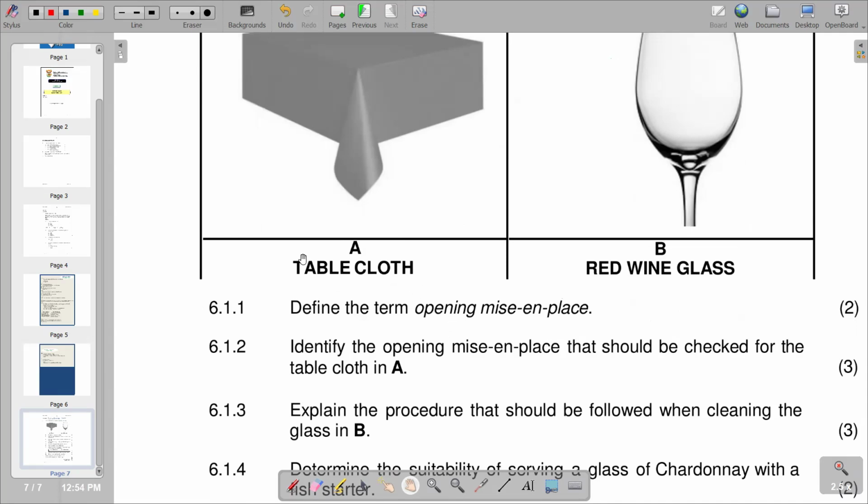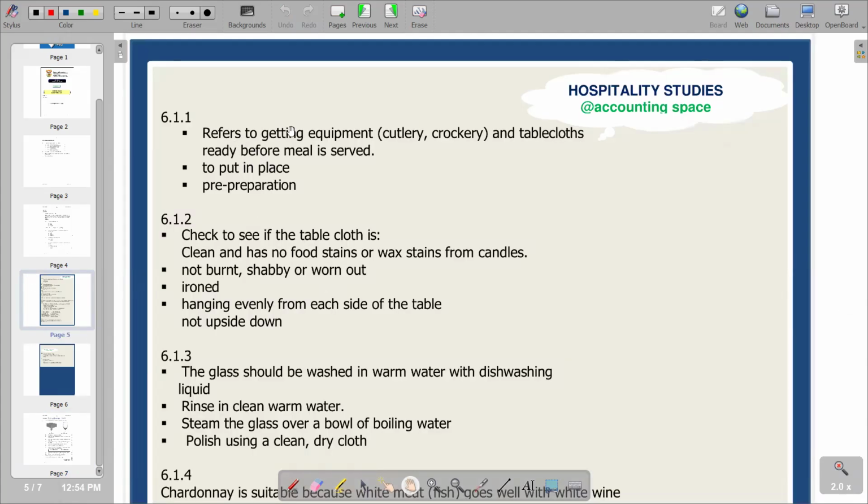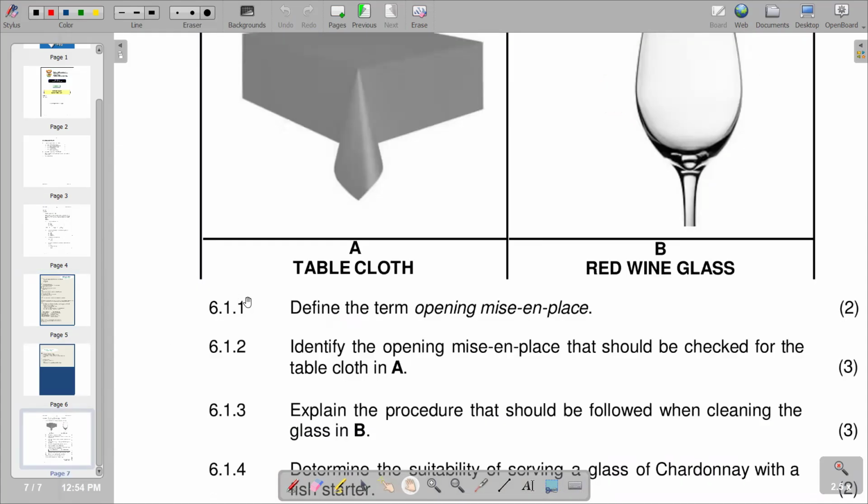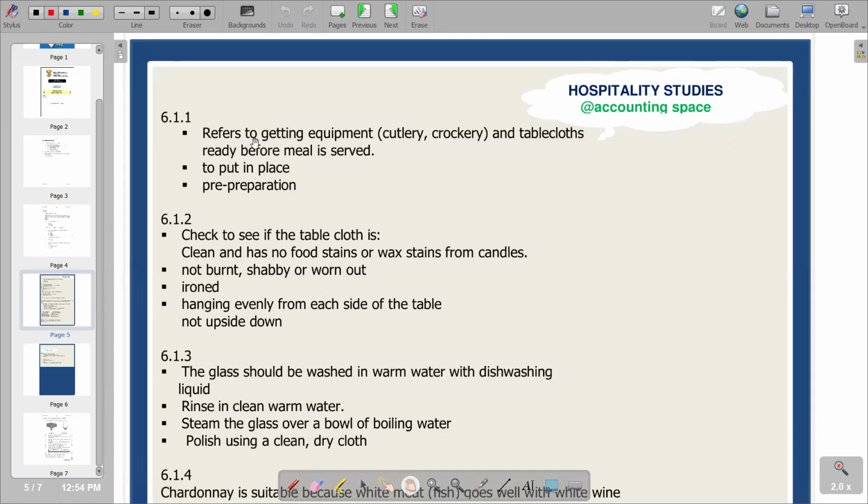So we have a brief description that we have in the other section, whereby we are saying it refers to, contextually according to the question that we have, getting equipment and tablecloth ready before a meal is served. That's what it refers to. So optionally, you can also just write it as to put in place, or it involves preparation. So basically, that's the meaning.